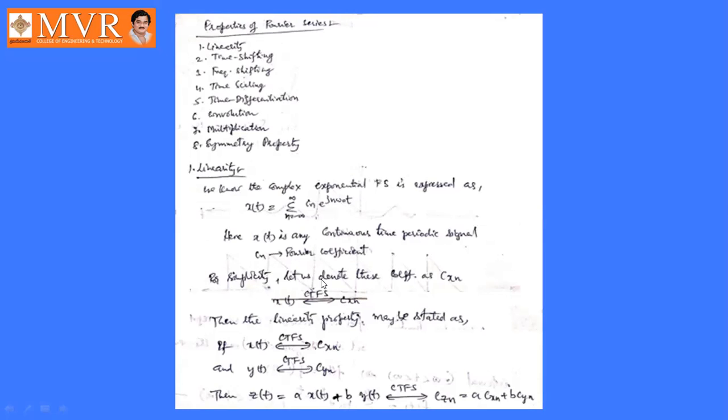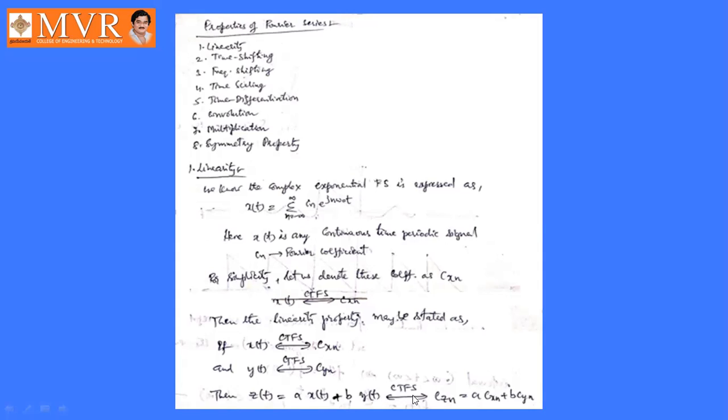For simplicity, let us denote these coefficients as Cxn. Then the linearity property may be stated as: if the continuous time Fourier series (CTFS) of x of t is Cxn and the CTFS of y of t is Cyn, then z of t is expressed as a into x of t plus b into y of t.